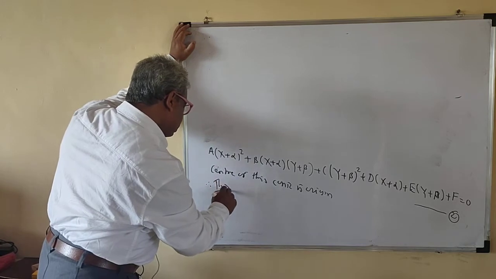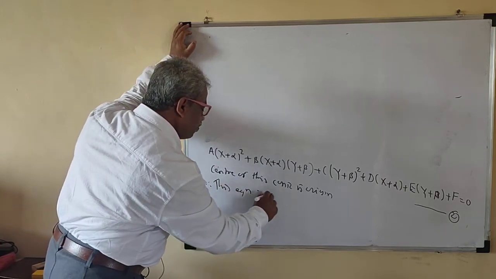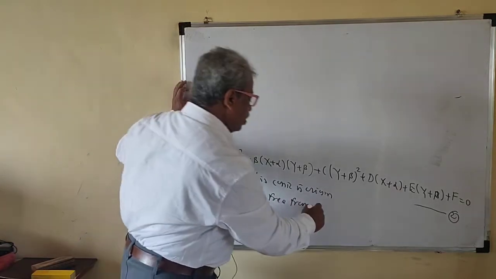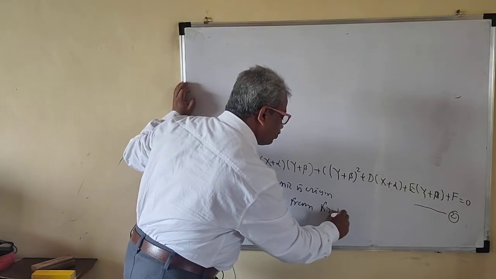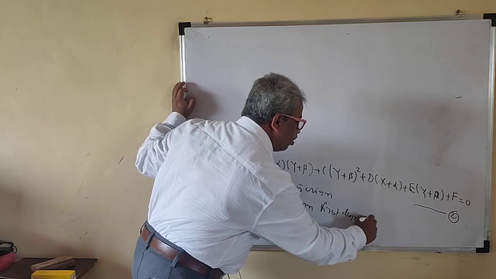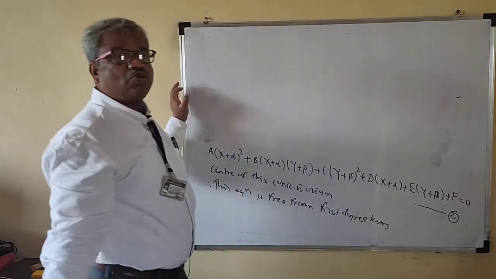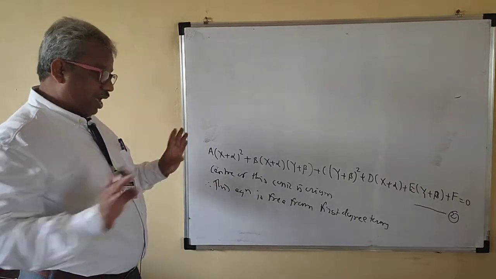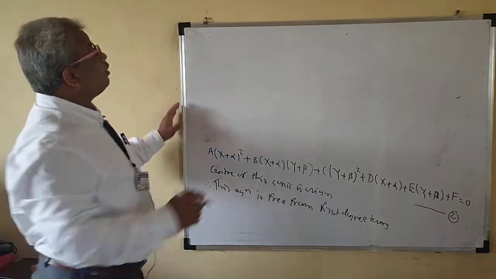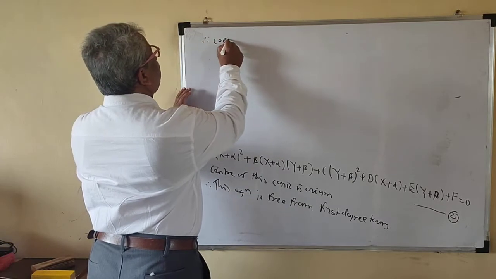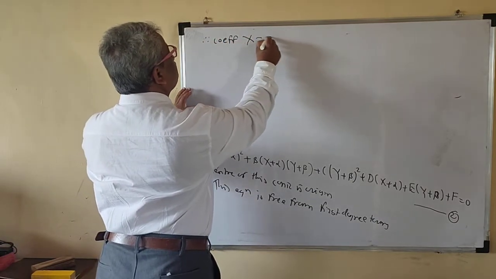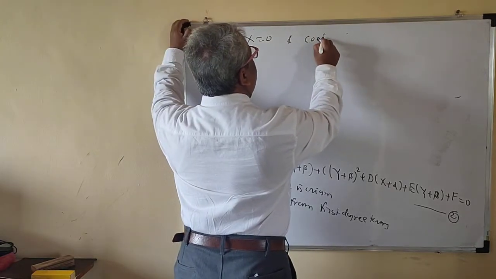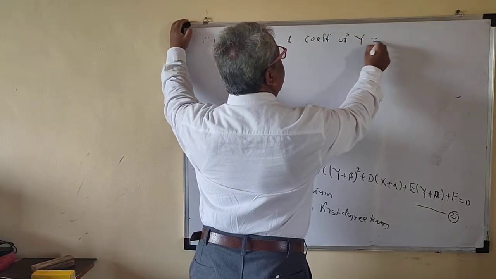Therefore, this equation is free from first degree terms, which means there is no X and Y. So the coefficient of X is equal to 0 and the coefficient of Y is equal to 0.